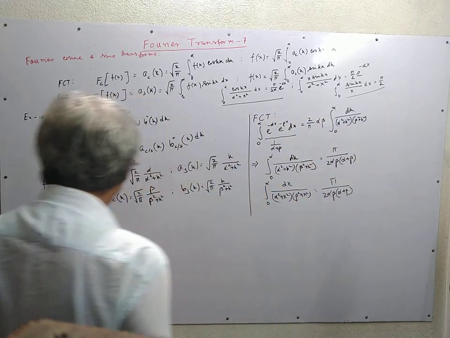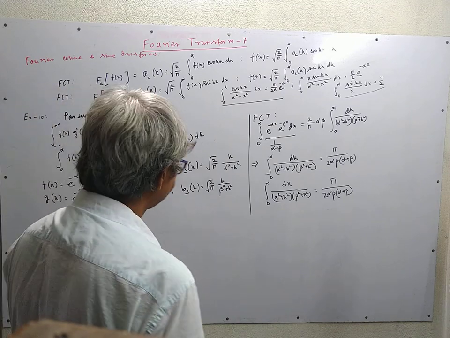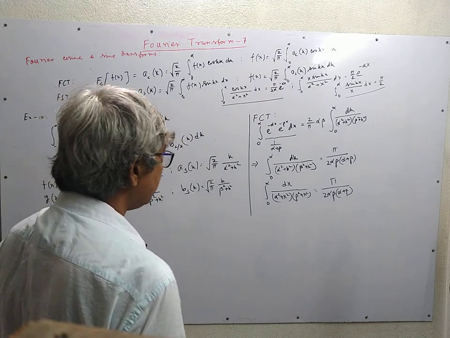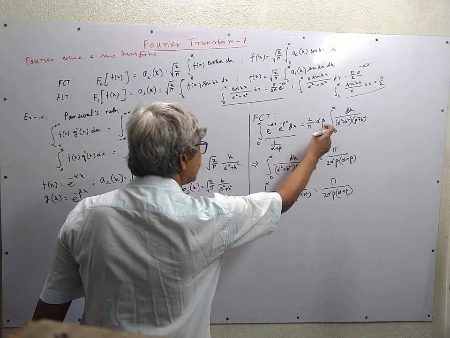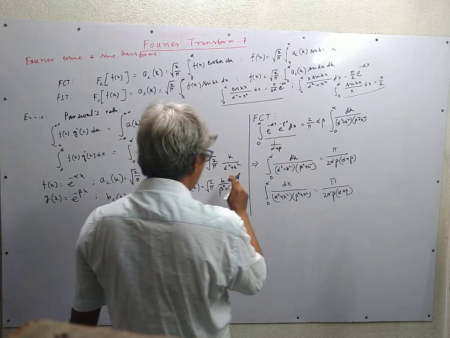This is the relation. If we use the sine transform, there will be no alpha beta product term and it will be k square.